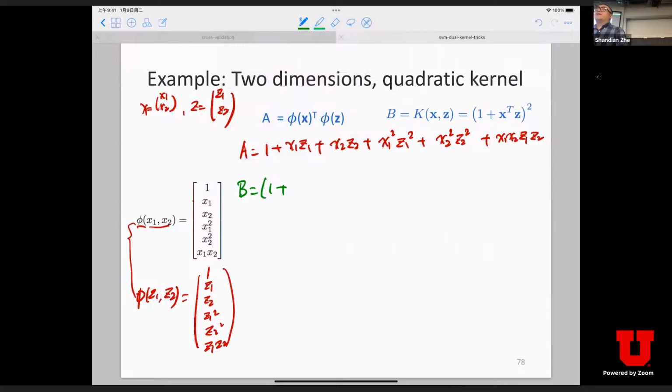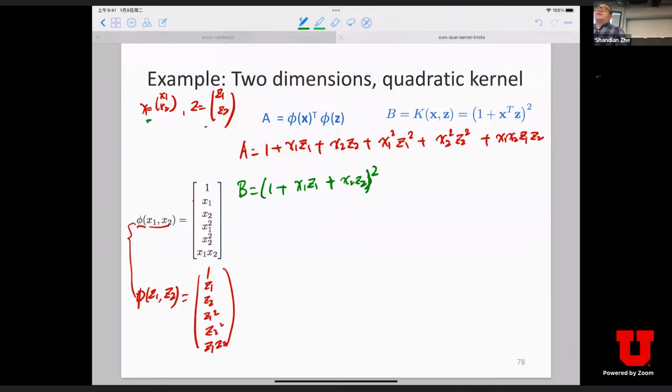Yeah, the dot product. Can someone read the result? Look here: x transpose z is x1 z1 plus x2 z2, and then you take the square.